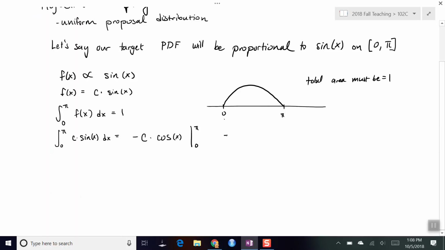Okay, and this will equal, negative 2, I'm sorry, will equal 2 times c. So if this has to equal 1, then c equals 1/2, right? So what I have is f of x is equal to 1/2 sine of x for x in the range 0 to pi.